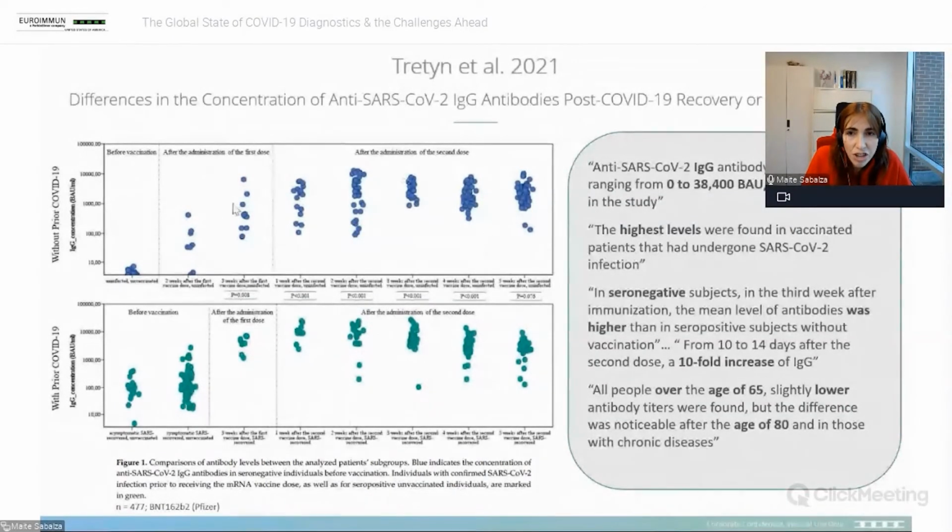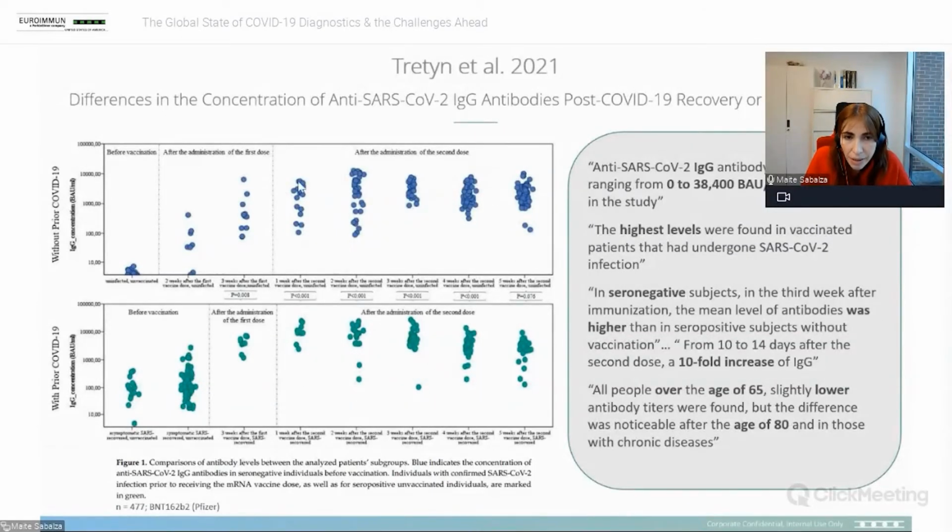These results showed that the IgG concentrations, reported as binding antibody units per ml, range from 0 to 38,400 binding antibody units per ml. The highest levels were found in the group of patients that had a prior SARS-CoV-2 infection and were vaccinated.